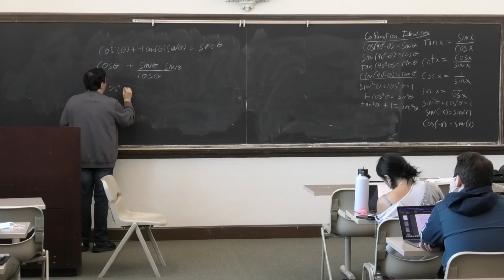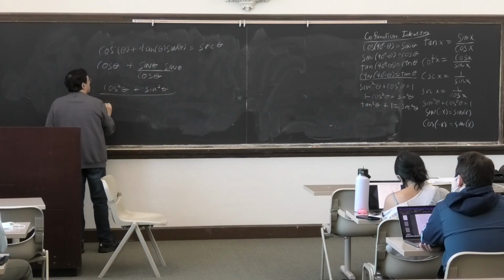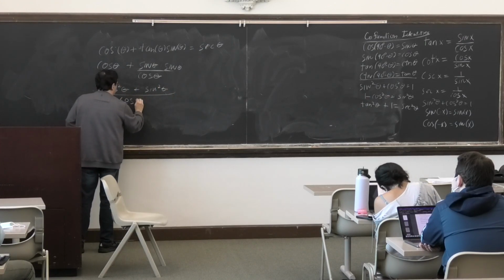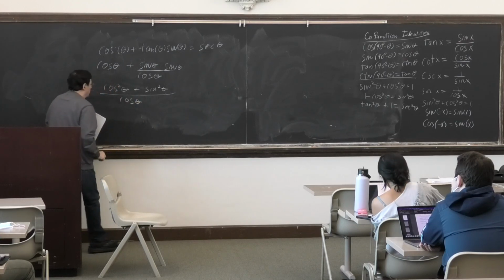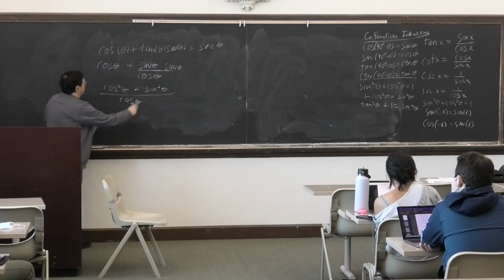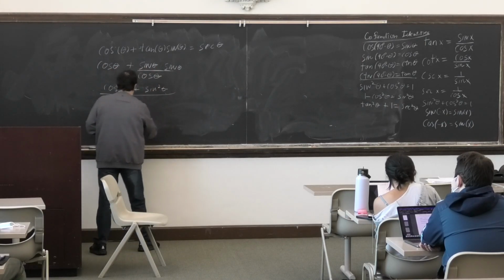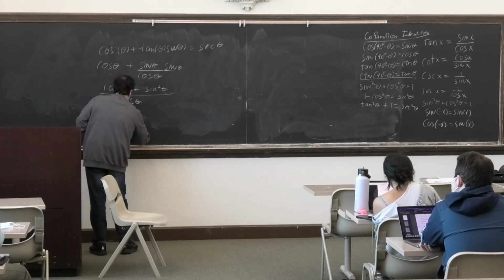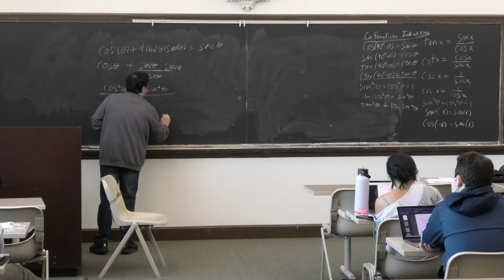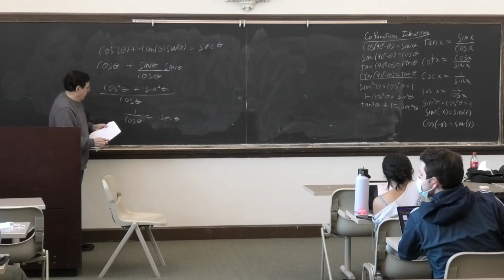Cosine squared theta plus sine squared theta over cosine theta sine theta. Skip a step, but you can probably see how that is. Cosine squared plus sine squared is just 1, so we get 1 over cosine theta, which of course is the secant of theta. That's a simple problem. I messed this up with that.